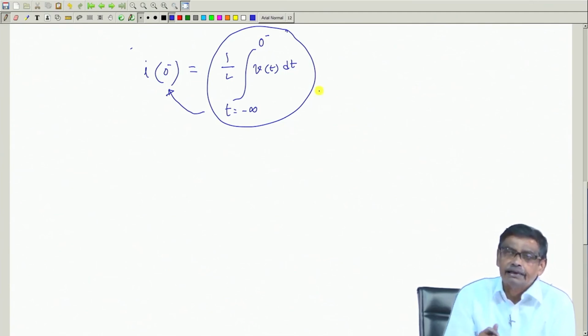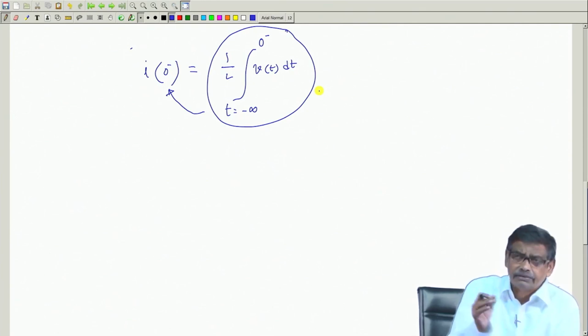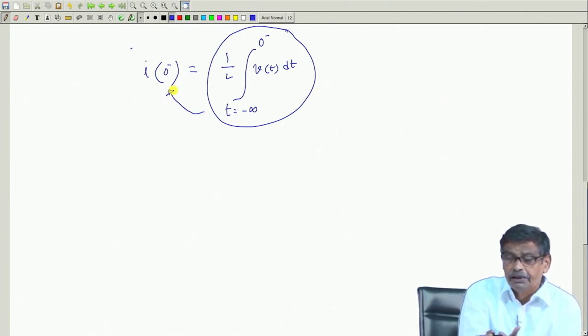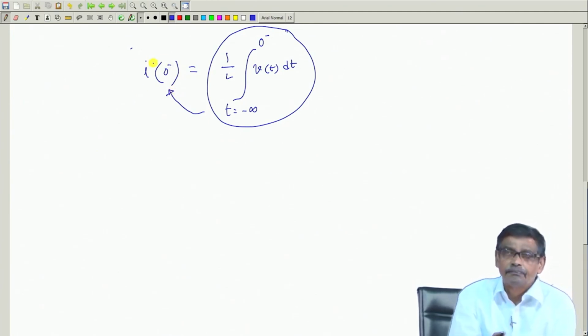Therefore, our anxiety that I must know the voltages: if all the voltages are given, I will be able to solve it by integrating. But another way of telling this is that the current I 0 minus captures the previous history of the inductor, how you treated the inductor, written in I 0 minus itself.